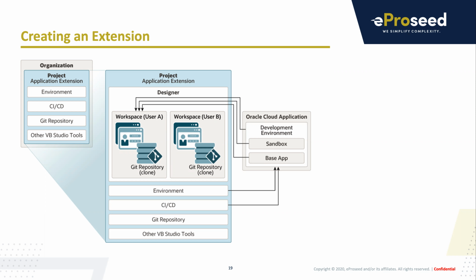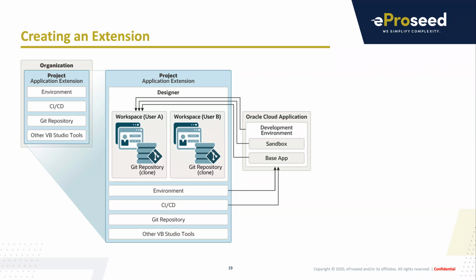That's a couple of steps of work, but you can have multiple projects running. You can actually have multiple developers working on multiple extensions, and when you develop the extension in Visual Builder, it will be saved in the Git repository, obviously, because that's the way Visual Builder Studio manages code.